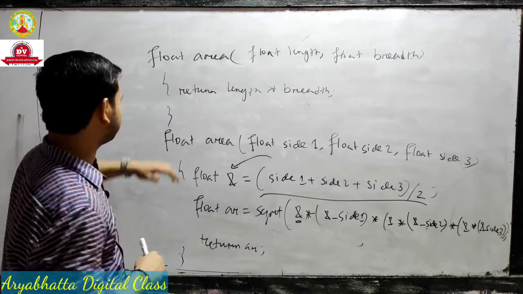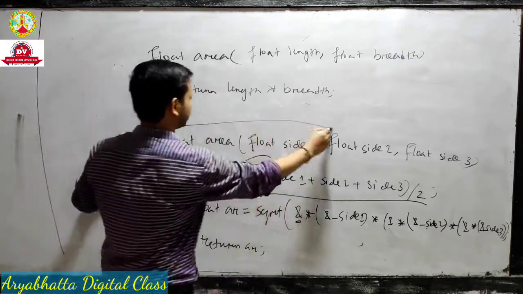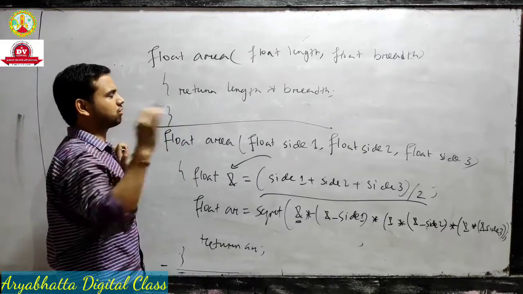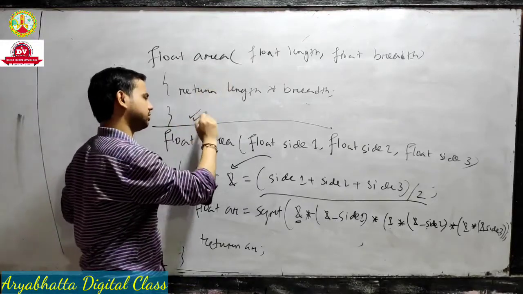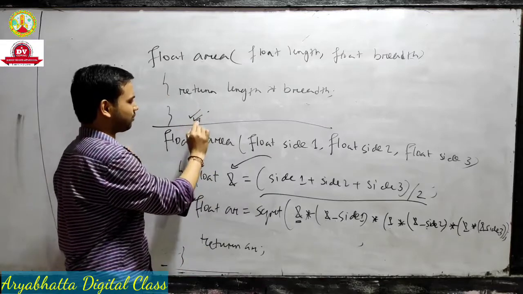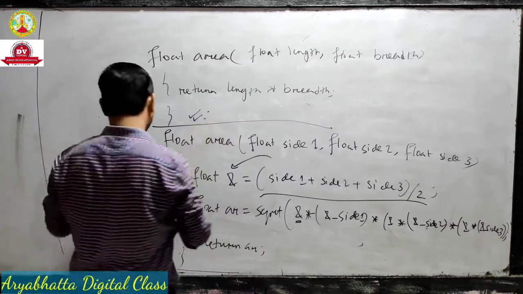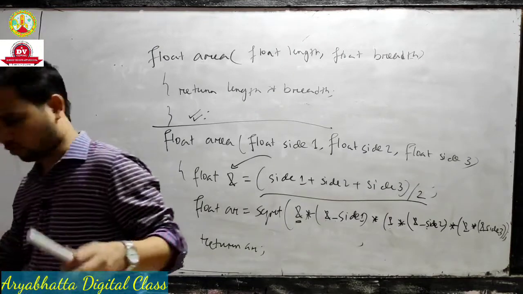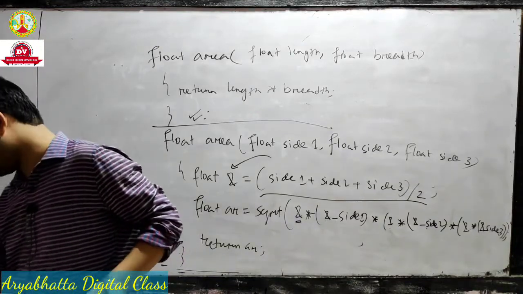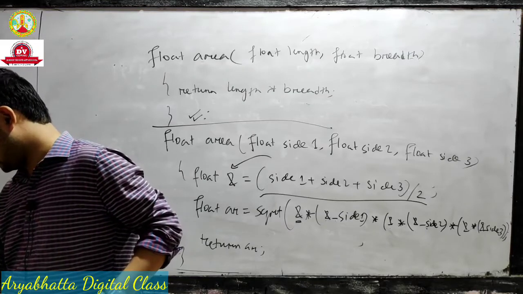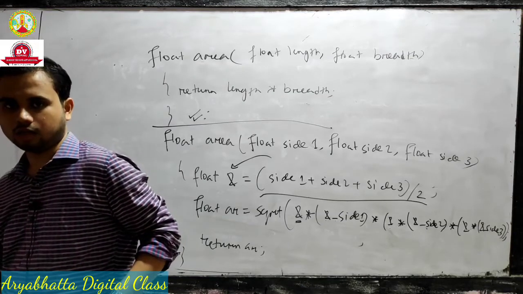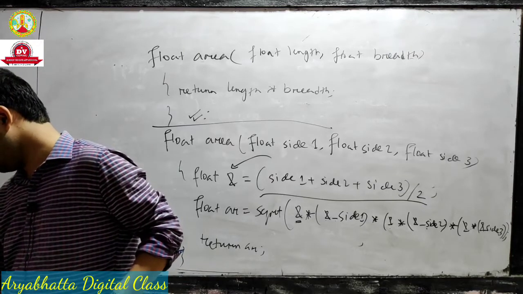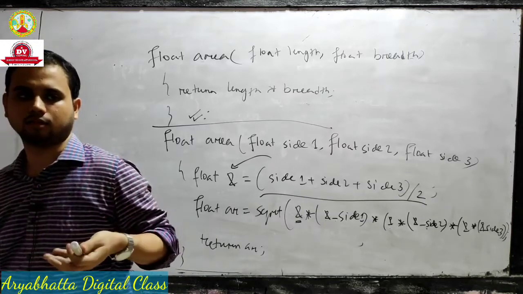If you write only these two functions in the example, suppose only float area of circle and float area of rectangle, this is also okay. Suppose you write only up to here, then you have to mention above: for example, following code overloads a function area to compute areas of circle and rectangle, not triangle.